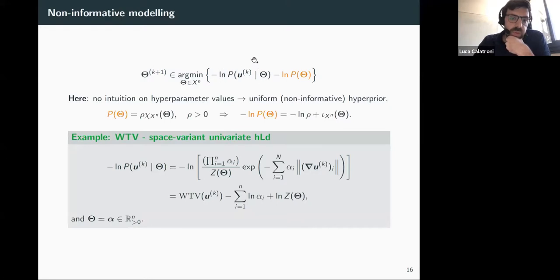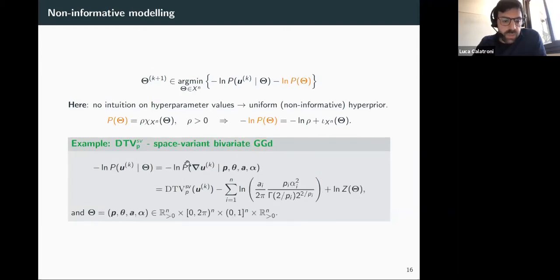So if we now compute the negative logarithm of my conditional prior, in the case of weighted TV, for instance, we have these computations where I highlight the fact that we carry on the hyperparameters involved, which in this case is simply the vector alpha, and we also have the normalization constant, which appears in my prior, and I will comment on that in a moment.